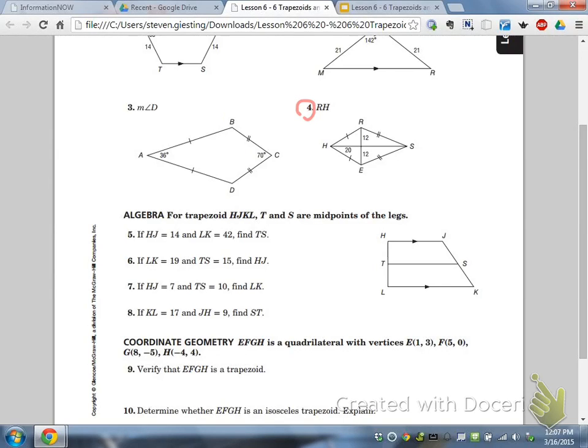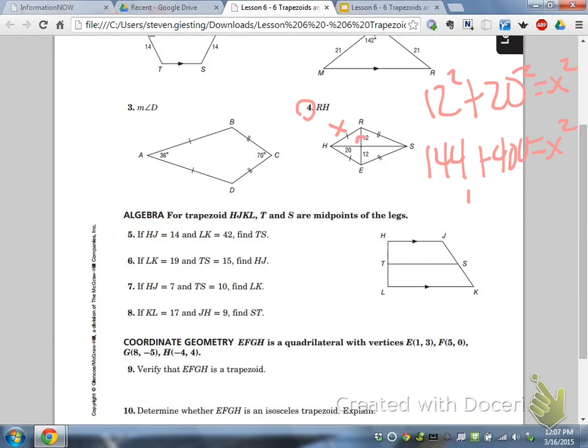That's like making a right triangle, so you have to do the Pythagorean theorem. Very good. Due to the fact that it's a kite and the diagonals of a kite are perpendicular, that forms a right triangle, and RH is the hypotenuse of that right triangle, so you would do the Pythagorean theorem.